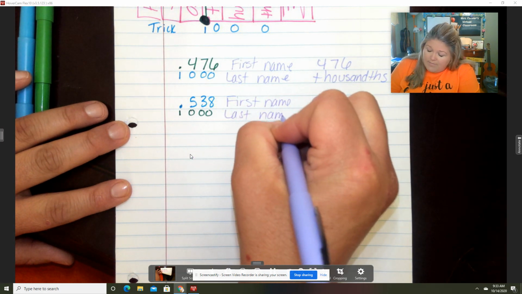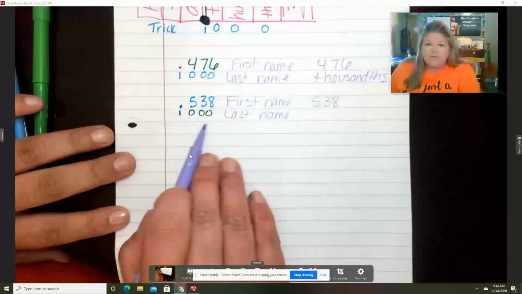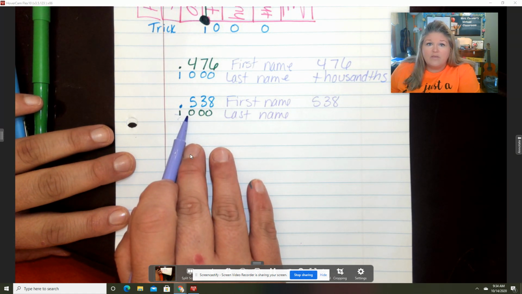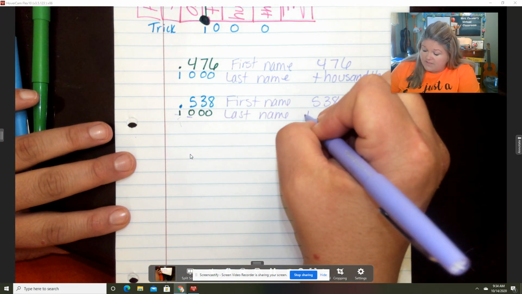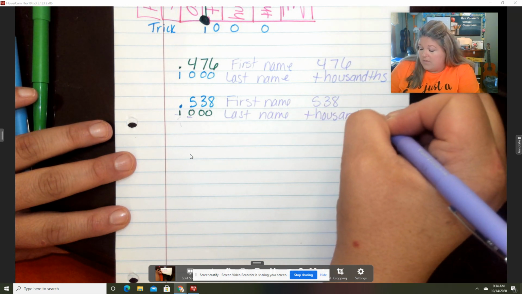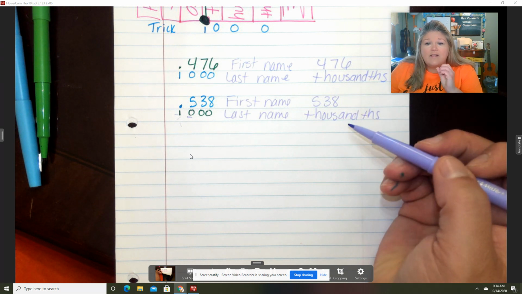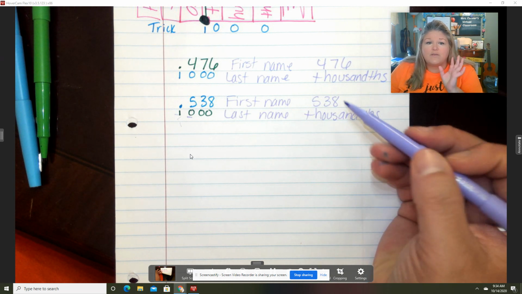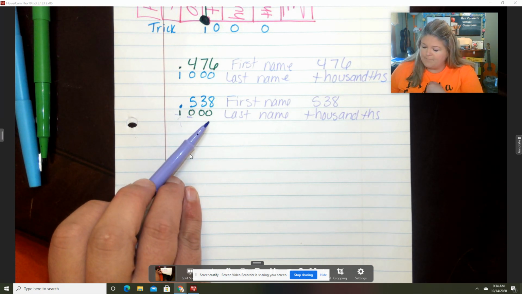The last name: what number do I have underneath that decimal? You have 1,000. So you would say thousandths. So we would say first name 538, last name thousandths. So that number right here is 538 thousandths.